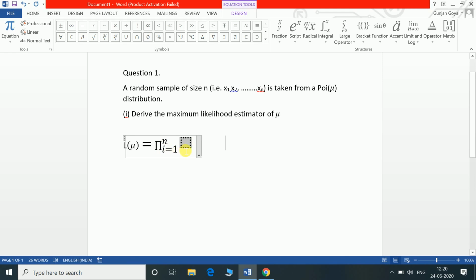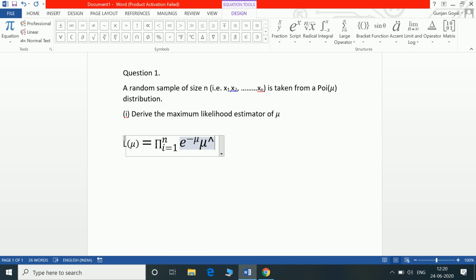And then you now need to write your equation, which is e to the power minus mu, mu to the power xi divided by xi factorial, which is the distribution function of the Poisson distribution. So let's write e to the power, and then I need to write minus backslash mu and a space, and close bracket and another space. So it has converted to power, and then again backslash mu to the power.